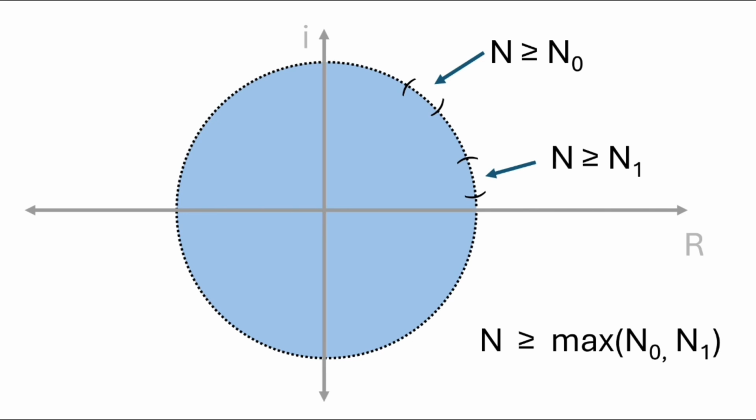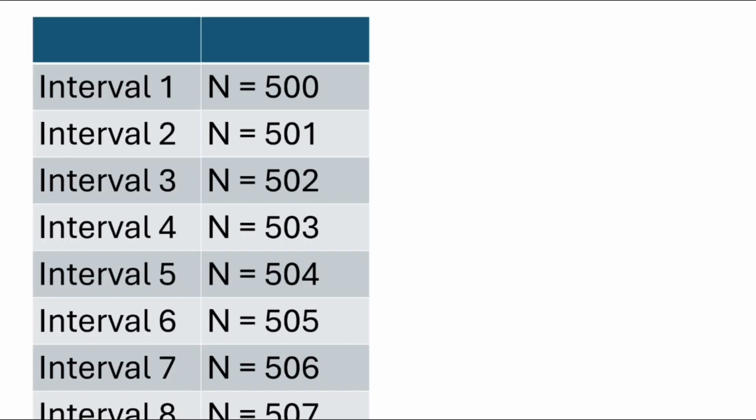And you can use that method as long as the number of intervals you want to cover is finite. But if they're infinite, then it's not going to be quite that easy. Imagine that you had an infinite number of intervals, and the first one has an n of 500, and the next one has an n of 501, and the next one has an n of 502, and so on.